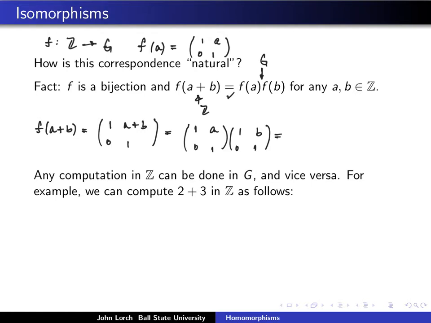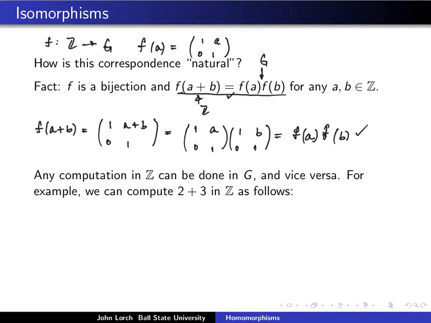But each of those is the image of something under f, namely it's f of a times f of b. So this relationship here does indeed pan out for this function.